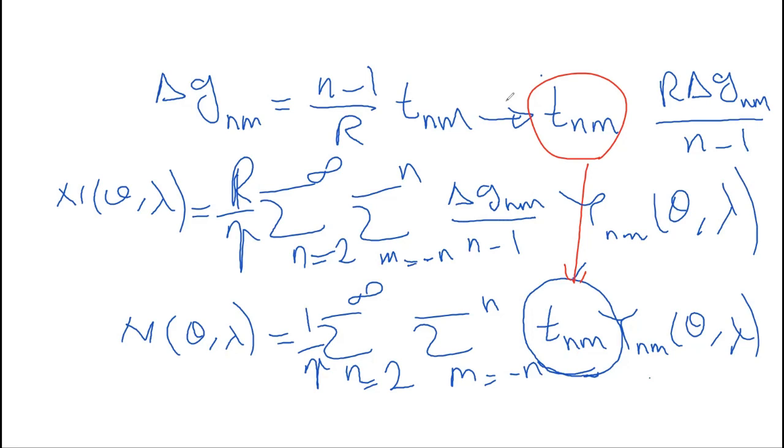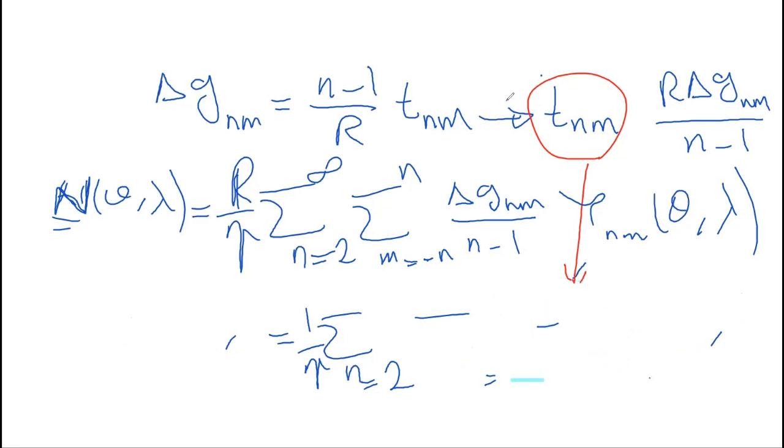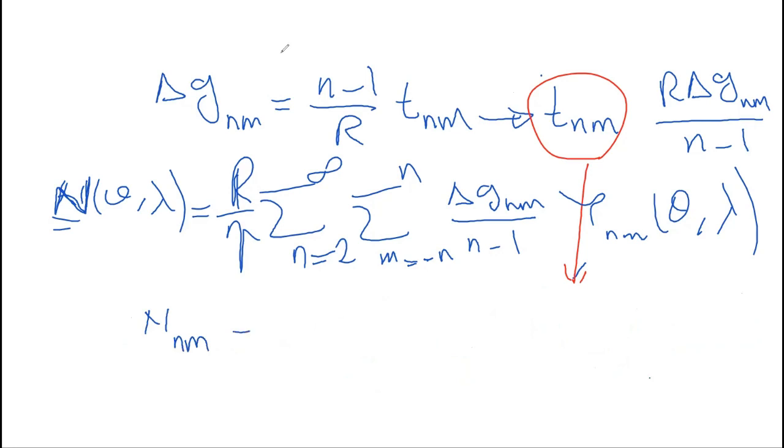So this is the relation between the gravity anomaly and the harmonics of N. You can simply write that in this way: the spectral form of N_nm is R over (n gamma) times delta g_nm over n.